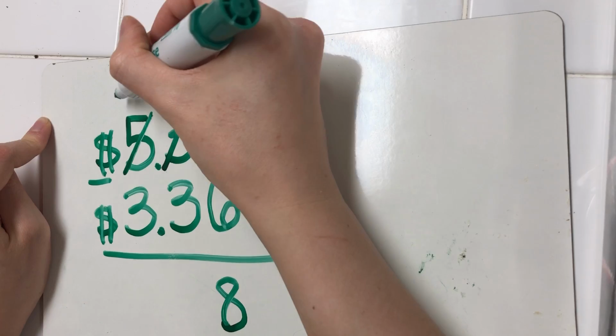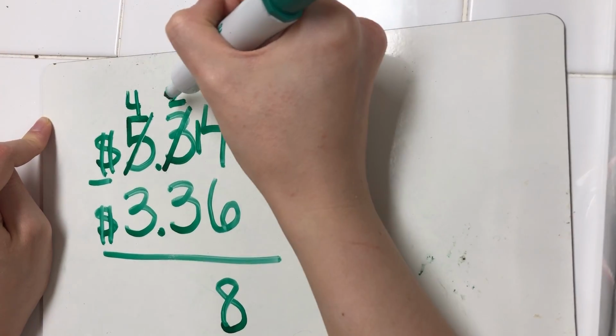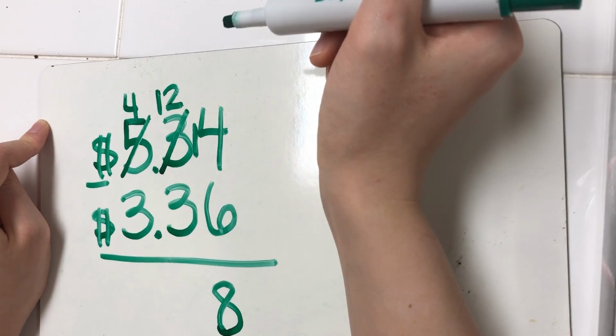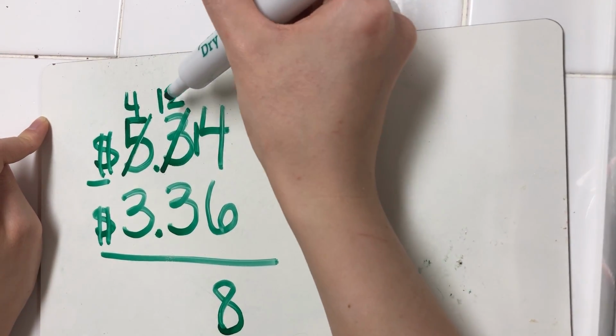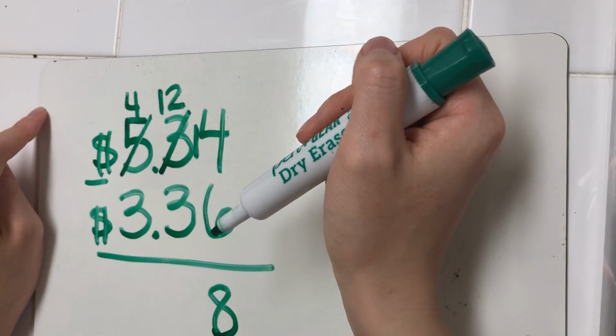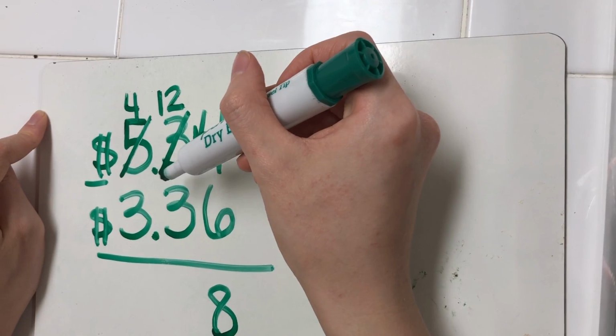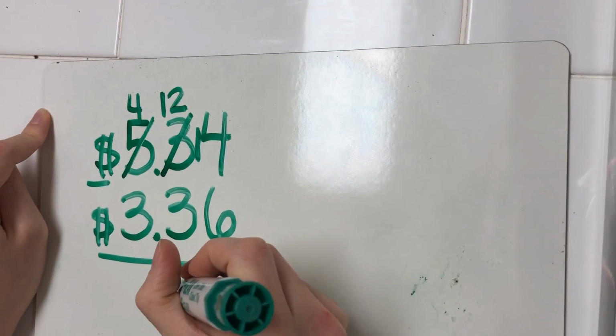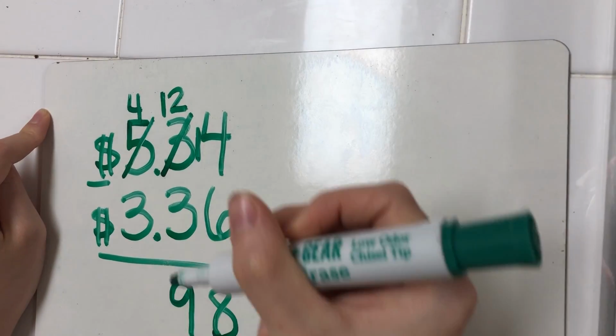So this 5 becomes a 4. And this little 2 up here that I already changed will actually become a 12. And now I have 12 minus 3. Do I have enough 10s? I do now. So 12 minus 3 is 9.